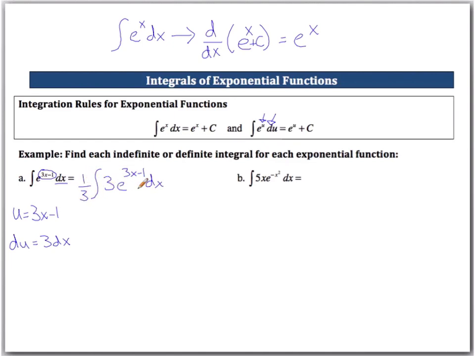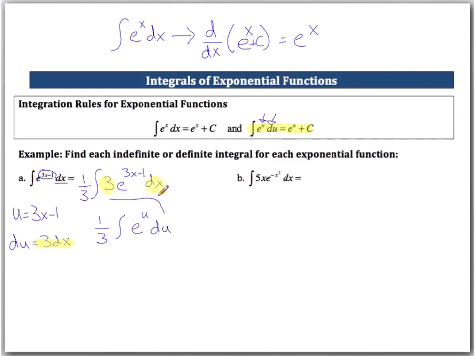Okay, so it's the same process that we've been doing over and over again. You got to make sure that that du is present in the integrand before you can use the integral equation. So now let's go ahead and use a u substitution here. So we'll have 1/3 times the integral of e to the u du.